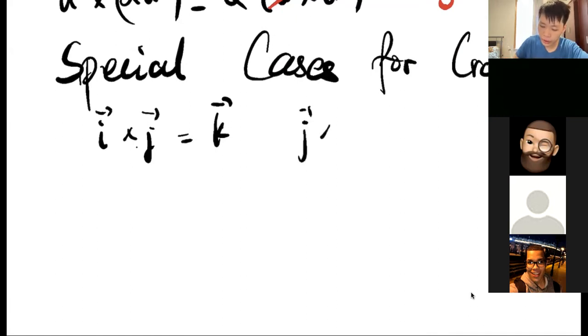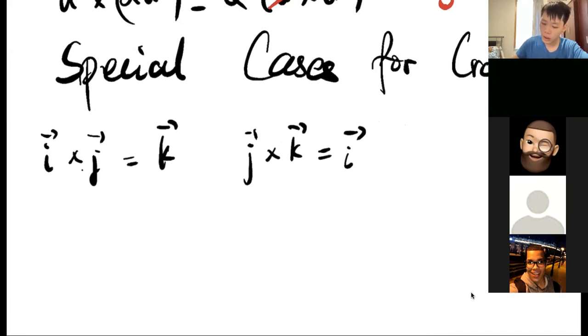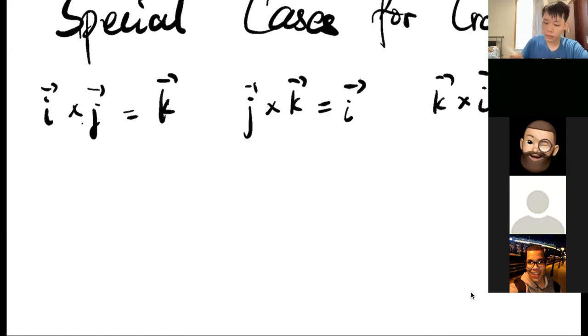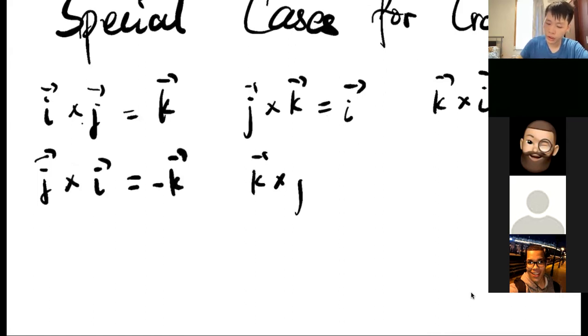And j cross k gives you back i, and similarly k cross i is j. Well, to get all the possible combinations, you just switch the order. So k cross j is minus i, and then i cross k is minus j.